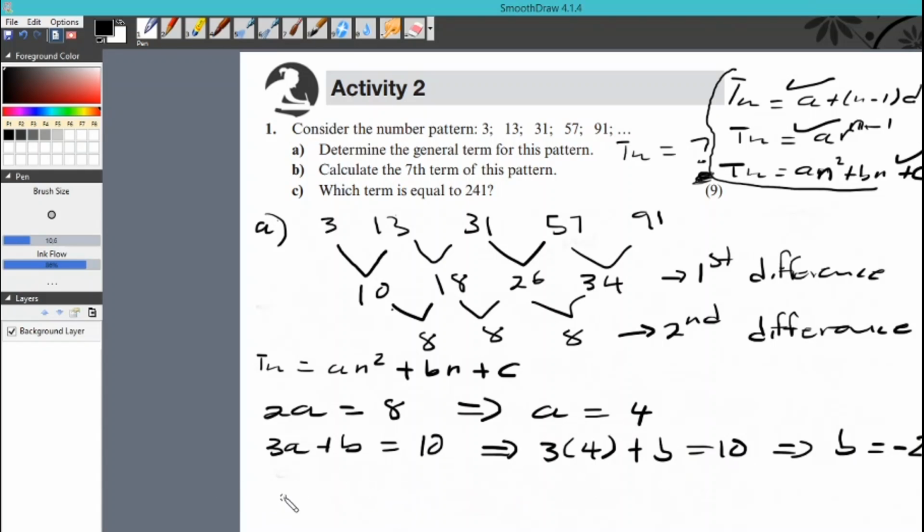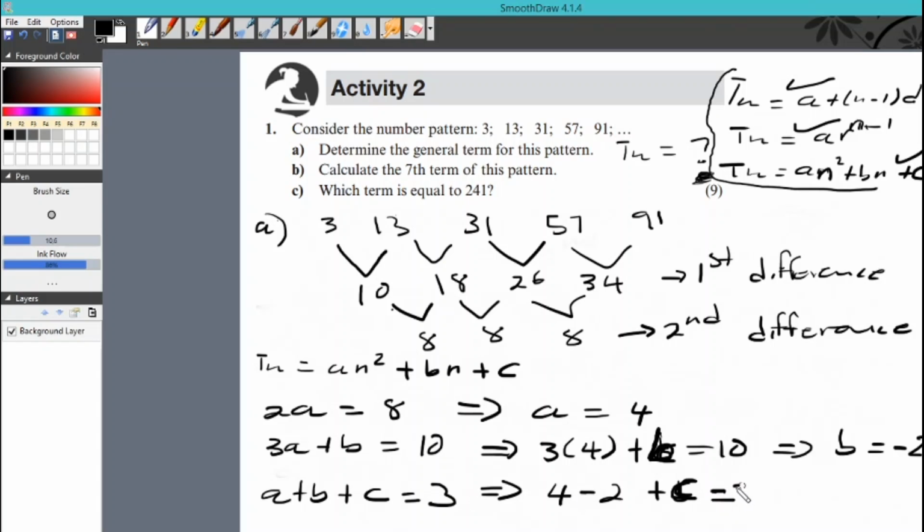And then a plus b plus c will be equal to 3, right? Now substitute our a as 4 and b as minus 2 so that we can solve for c.